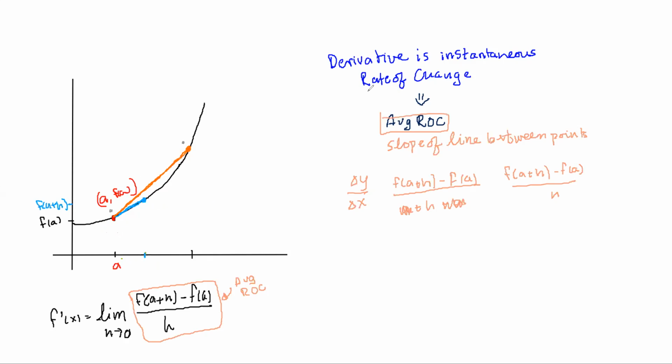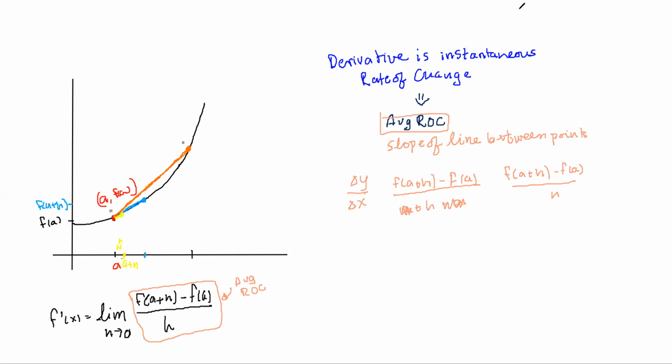So that's the point. Now we're going to make h even smaller. So now this is h. This is going to be a plus h. This is going to be the point. This is going to be like that.